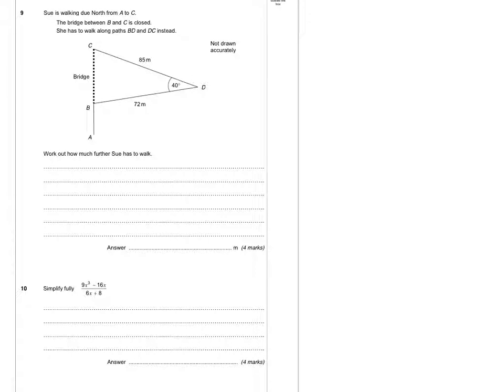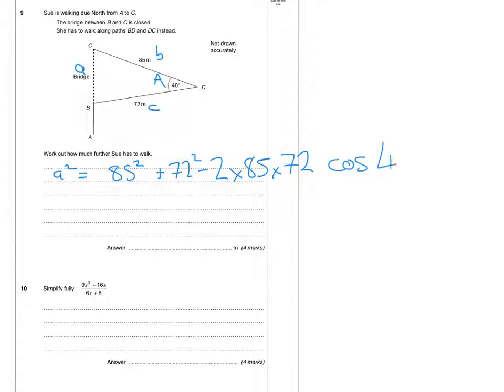So A, B, C, A squared equals 85 squared plus 72 squared minus 2 times 85 times 72 cosine 40, and substitute all that into my calculator, and then don't forget to square root.